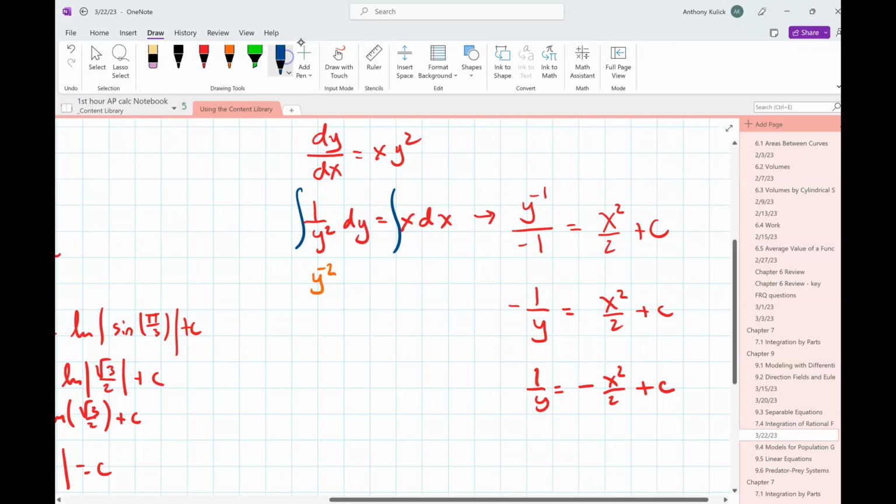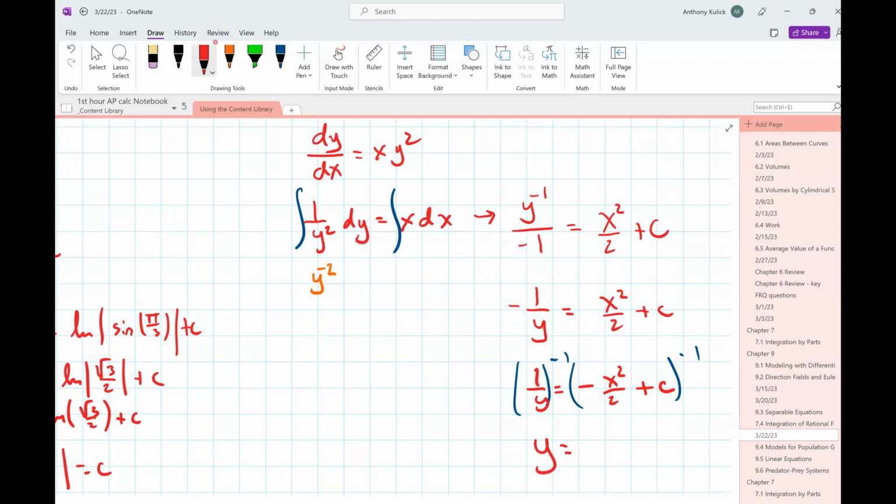And then what we'll need to do to get the y by itself is we'll just take the reciprocal of both sides. So let's think about it with a common denominator. Probably something like that, and then again, you can just drop that to a single c.